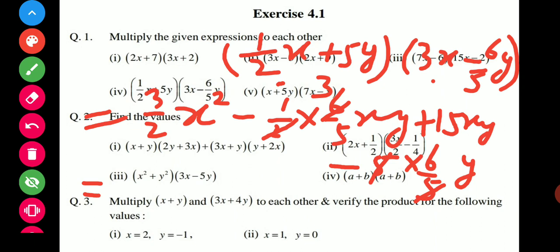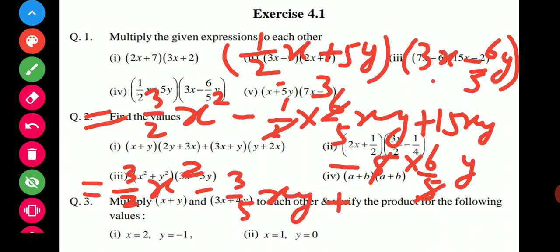So you can write here 3 by 2 of x square, minus 3 by 5 xy, and plus 15 of xy, and minus 6, here is y square.